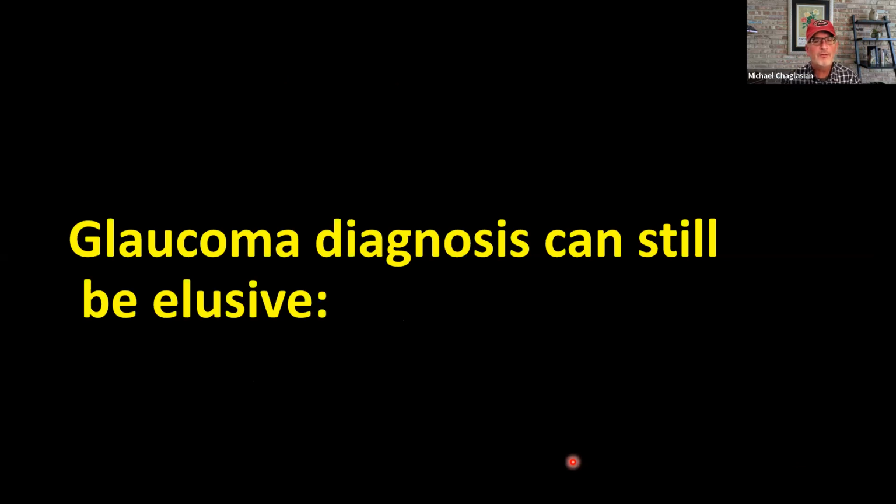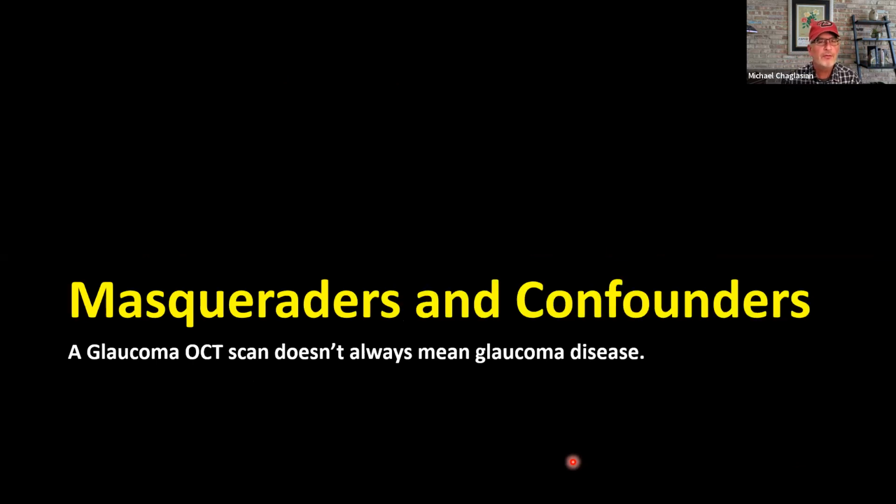Okay, so let's get into our masqueraders and confounders section. I tried in the past hour or so to show all the things that we really want to look for to identify glaucoma disease in our patients. Yet many of our patients who are suspected of having glaucoma actually may have something else.